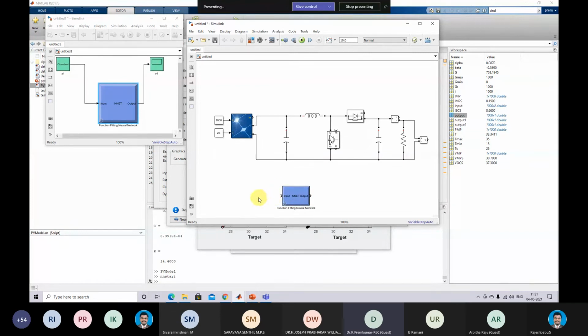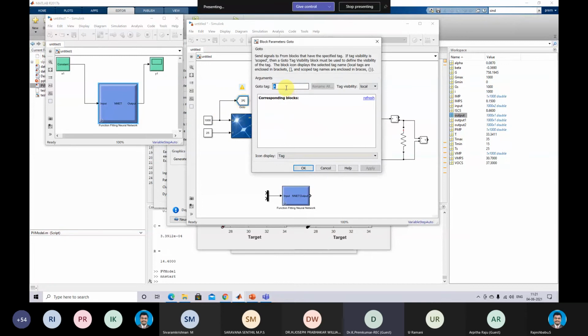So it receives two inputs. I'm going to use a mux. One is temperature, another one is irradiation. Here I'm going to use a Goto block.